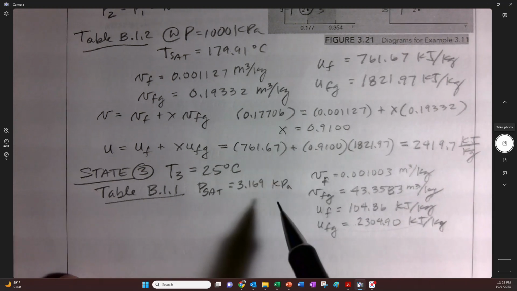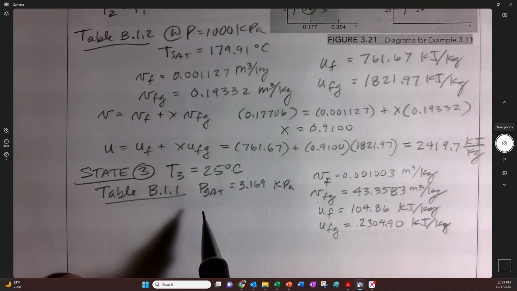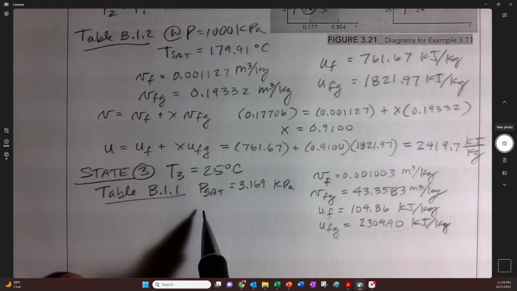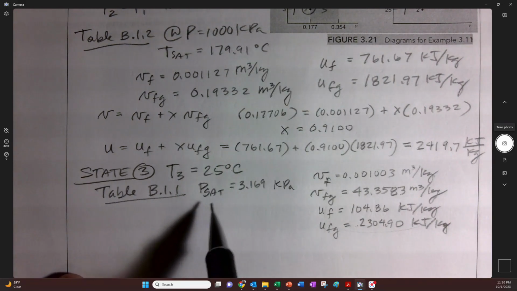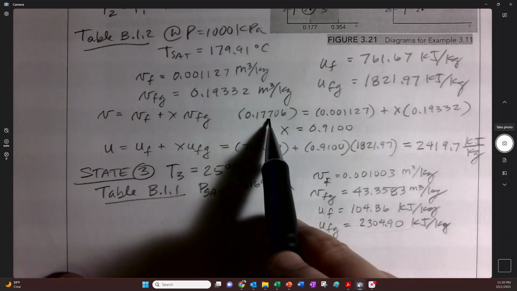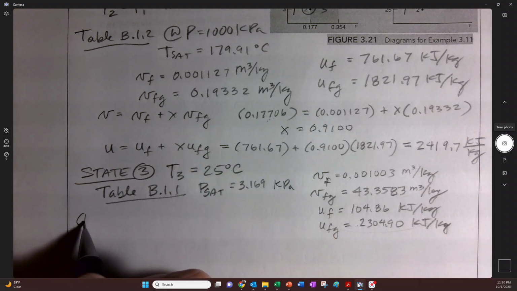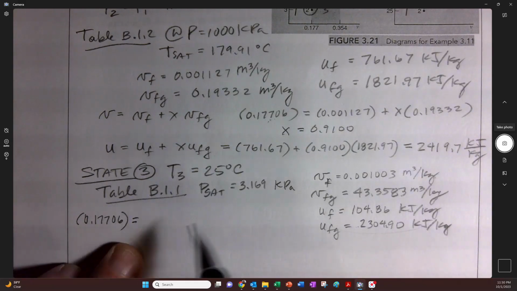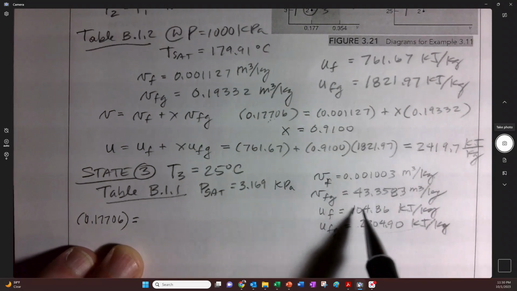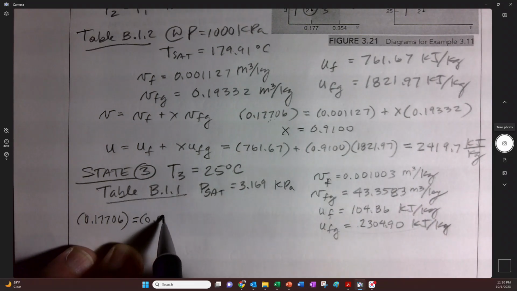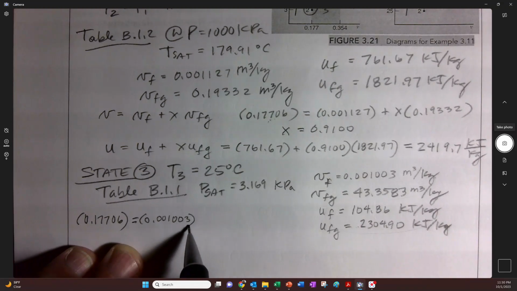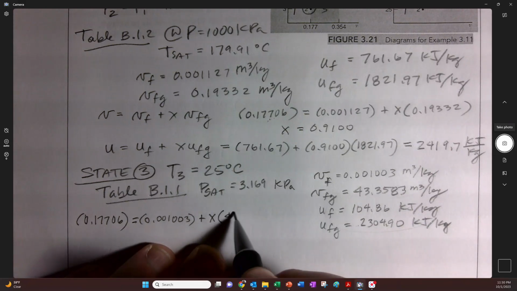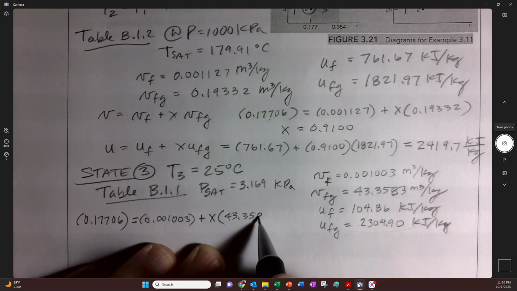We're still going to maintain this same value right here, 0.17706, but now we're going to have a new quality: 0.001003 plus X times 43.3583.